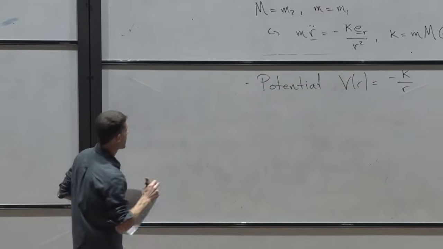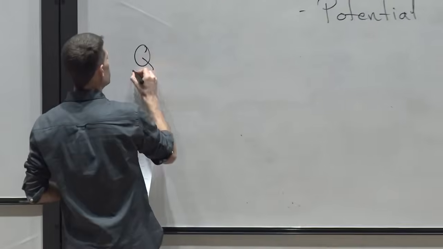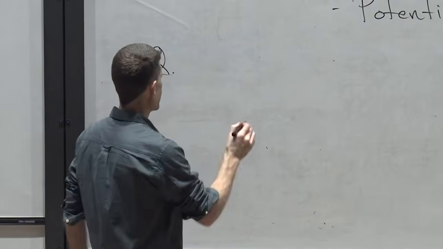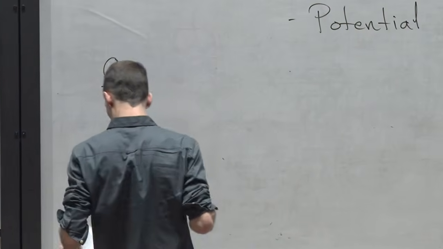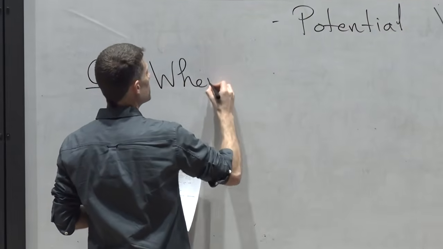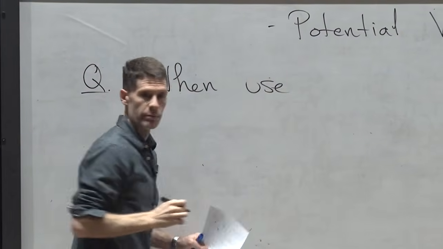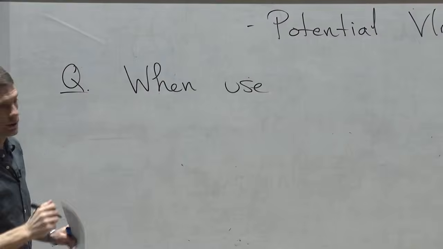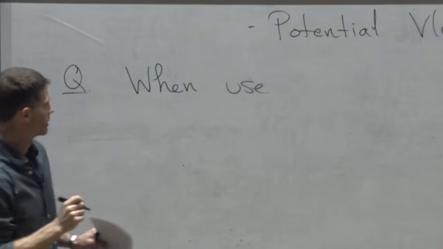But first, let's do an aside, or a couple of asides. One aside is to ask the question: what we mentioned at the very beginning of the course is there are two different laws we might use for gravity.